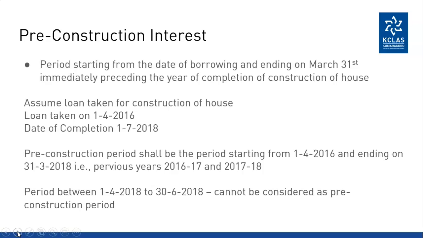An important point to be noted here is that the period from 1/4/2018 to 31/3/2019 shall not be included as pre-construction period as the house was completed in that particular previous year. So in that period, whatever interest is paid will be taken as current year interest, and the period from 1/4/2016 till 31/3/2018 alone will be treated as pre-construction period.